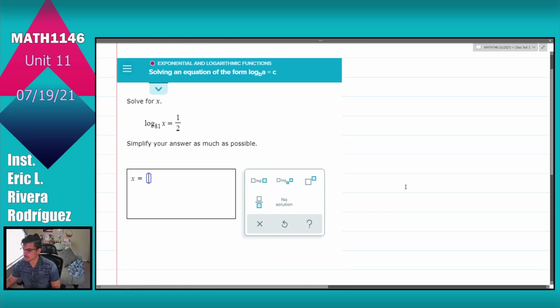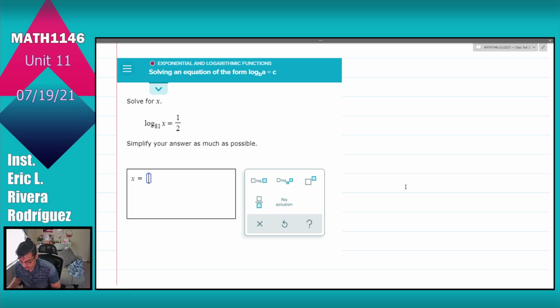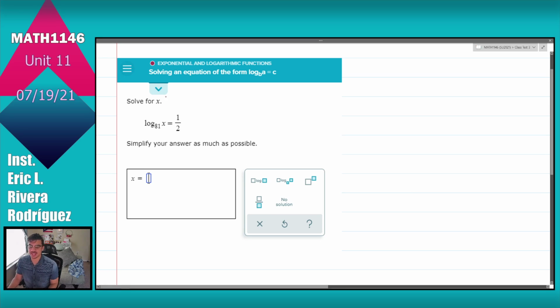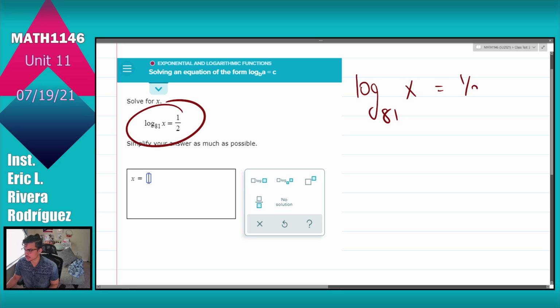Okay, so let's try this one. This one will get pretty obvious once we translate this logarithmic equation into an exponential equation. Write on the chat how you will use the inverse operation to find the value of x.